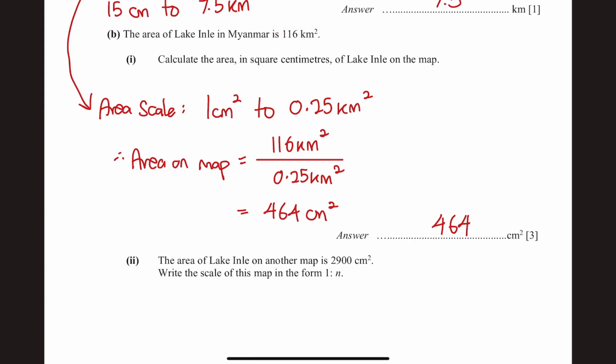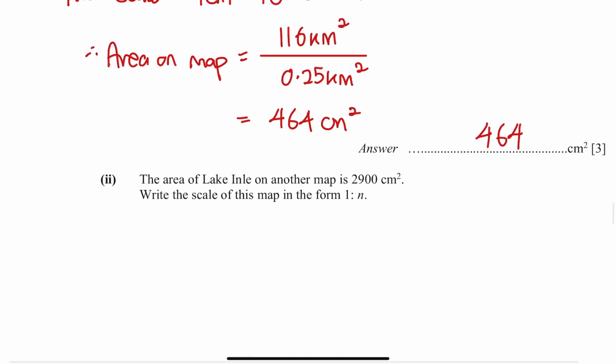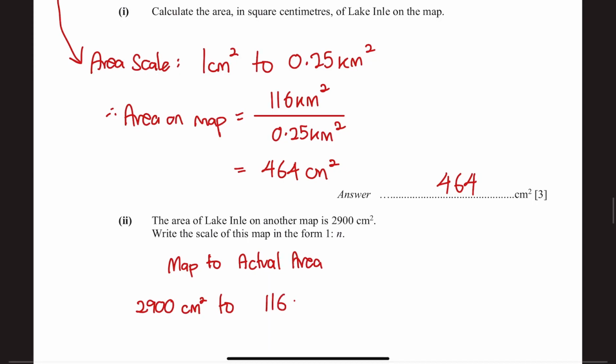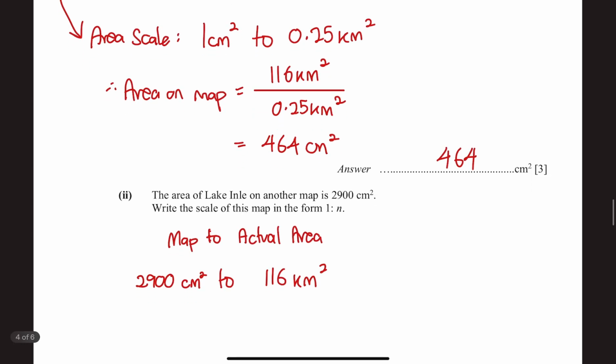Okay, so therefore what I can do is that I can simply write top first over here on the map to actual area. Okay, actual area. Map is 2,900 cm square. Actual area is 116 km square. Okay, so therefore usually we want to write scale of map in the form of 1 is to n. I need to convert this to the same unit under cm.